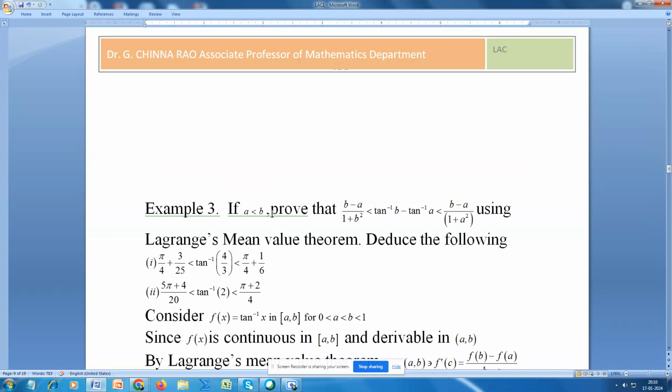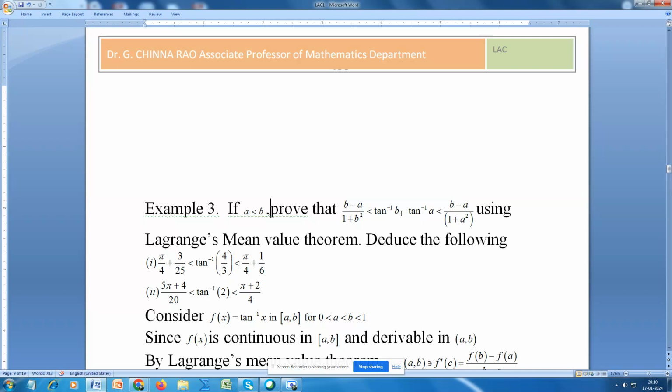If a < b, prove that (b − a)/(1 + b²) < tan⁻¹b − tan⁻¹a < (b − a)/(1 + a²). Using Lagrange's mean value theorem, deduce the following. For proving these types of problems, we consider a function.